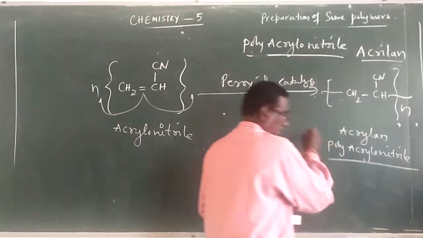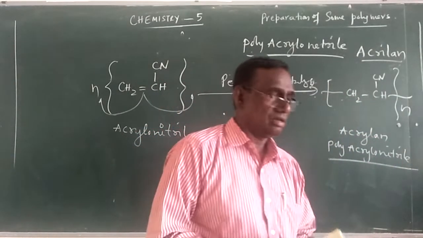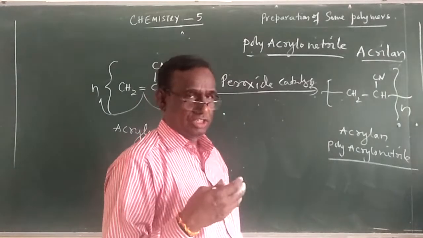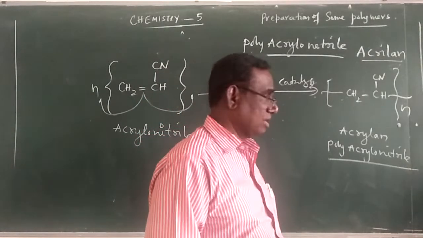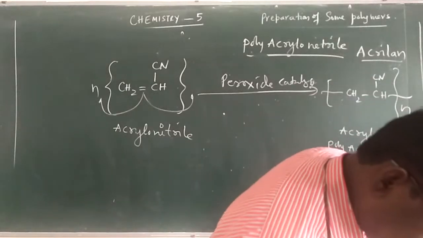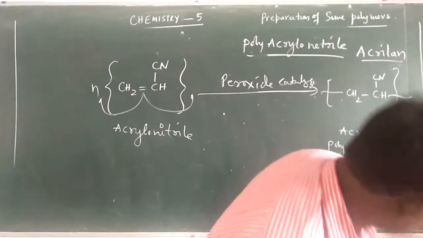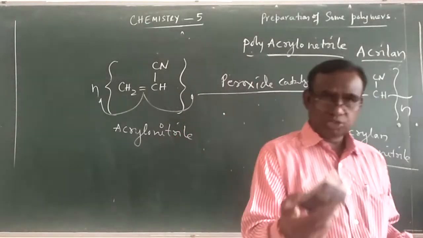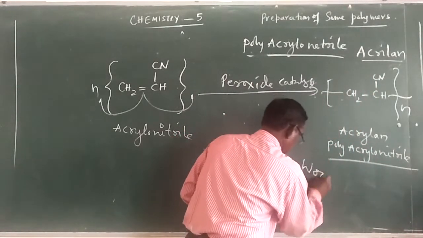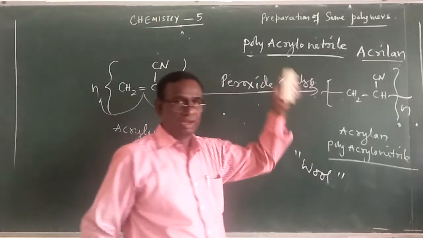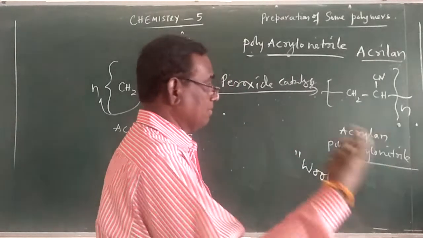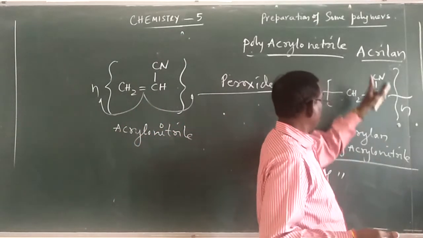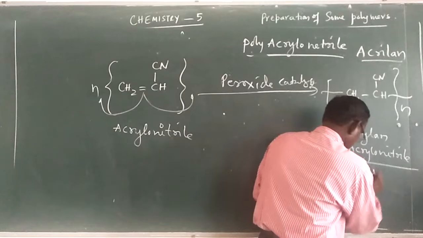And it is resistant to chemical reagents and also heat resistant. For this reason, acrilan fibers are used as a substitute for wool usually. It is used as a substitute for what? Wool. Okay. So these polymers are also called Orlon.